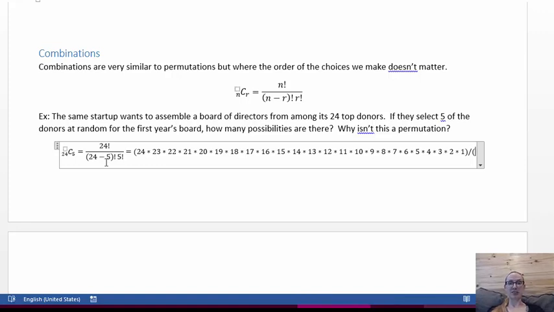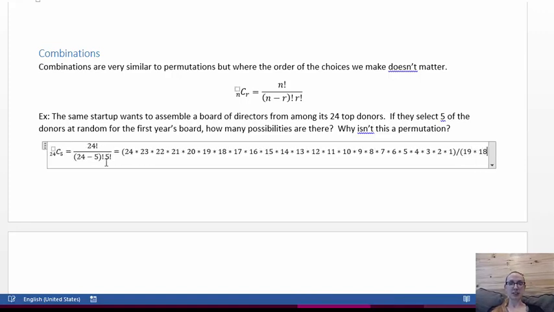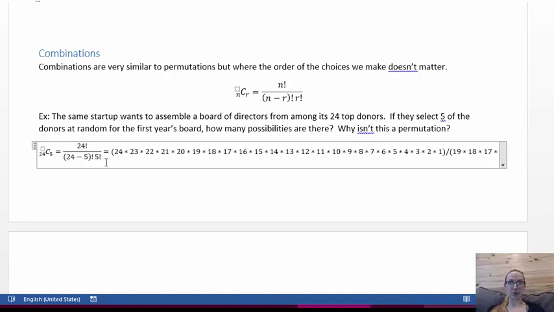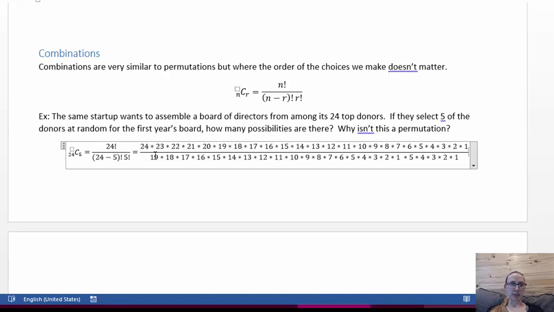So on the bottom, I also have to have 19 times 18 times 17, and again, all the way down until I get to 1. All right, so I've got my 19 factorial down here. You should also see on the screen, I also put in the 5 factorial, which is the other part of the formula down at the bottom.